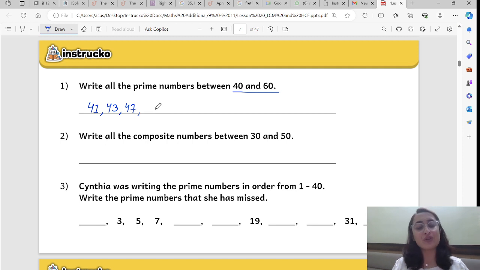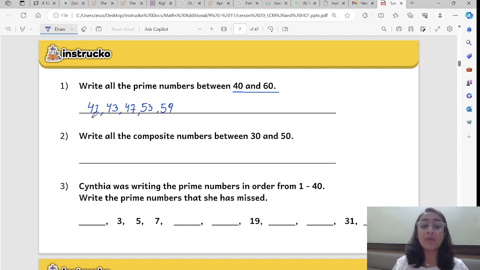Okay. 52 is again even, so not a prime number. 53, however, is a prime number. 54, no. 55, no. 56, no. 57 also no, because 19 multiplied by 3 is 57. Okay. 58 even, so no. 59 is a prime number, and as we already discussed, 60 is not a prime number.